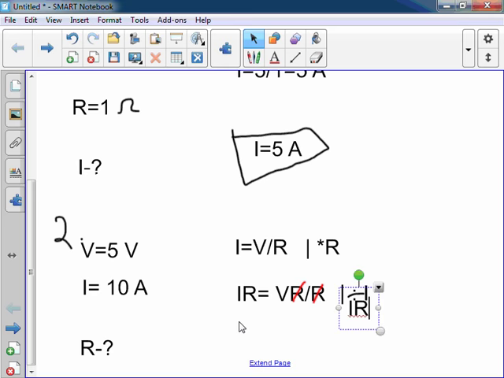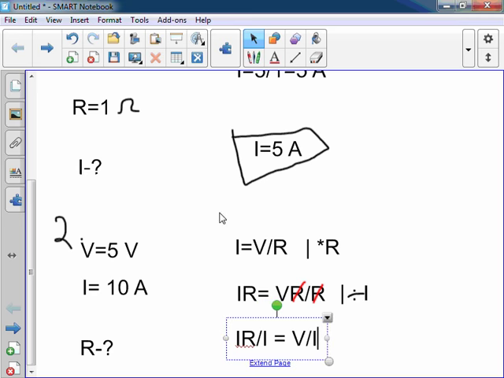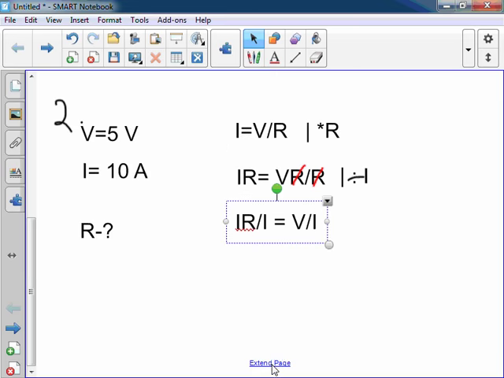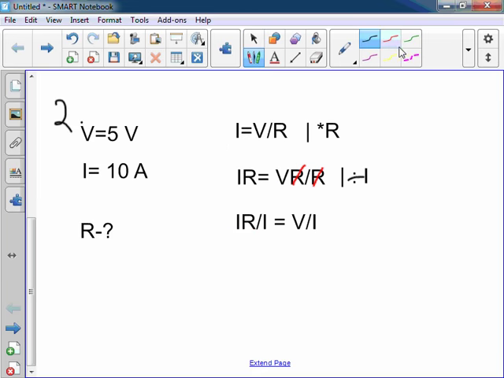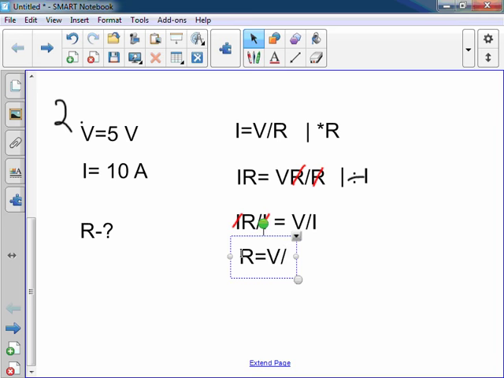I times R divided by I equals V divided by I. And you can see that my I's are going to cancel this time. I can cancel this I, and this I. And now I finally have my final answer. R equals V over I.